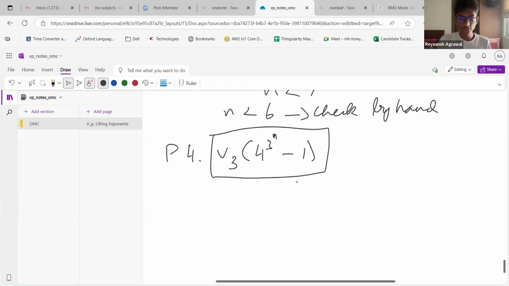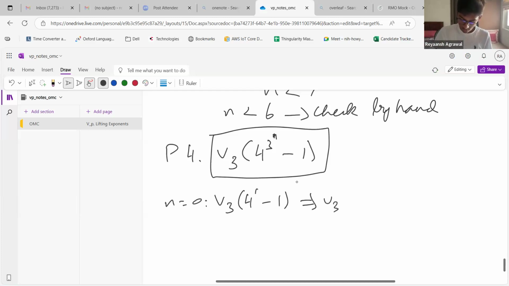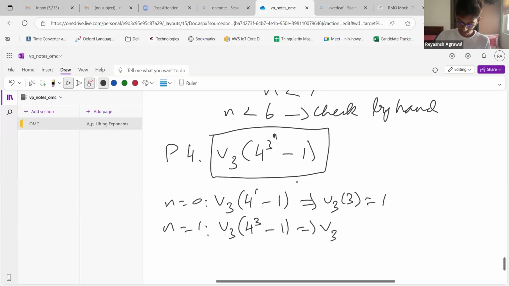So if n is equal to 0, what happens? This becomes v3 of 4 to the power 1 minus 1, that's equal to v3 of 3, that's equal to 1. n equals 1 gives what? v3 of 4 to the power 3 minus 1, that's v3 of 63, which is equal to 2.